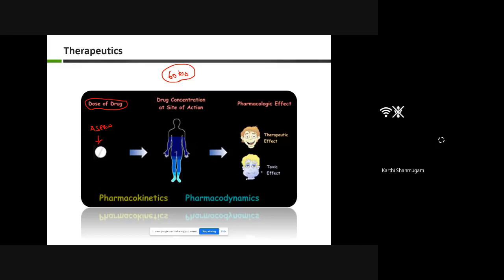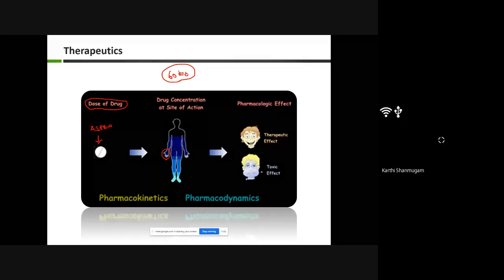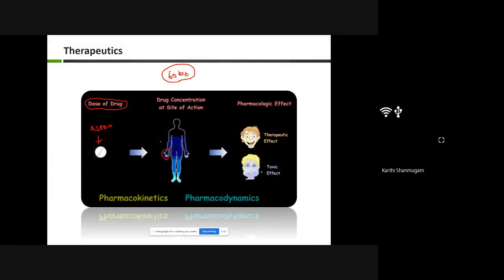So the entire body is not having the pain. Say, for example, this person is having some pain on his hand, near the finger. The molecule is taken throughout the body through the process called distribution, and some quantity of the drug molecule will definitely reach the place where the pain is, and that site is called the site of action.